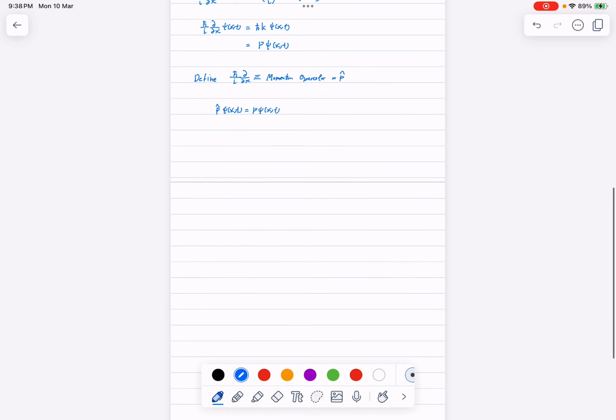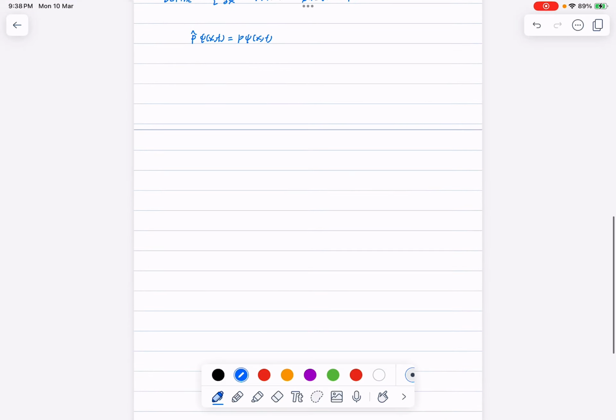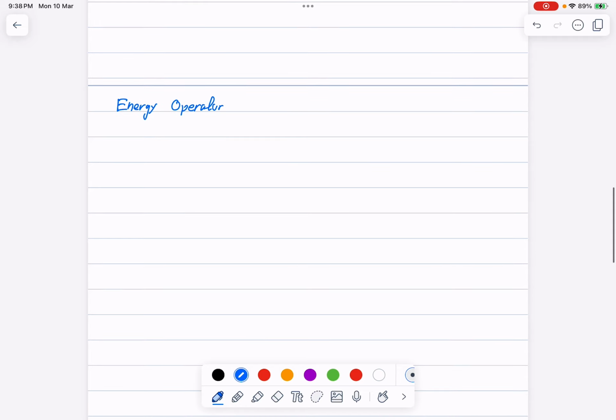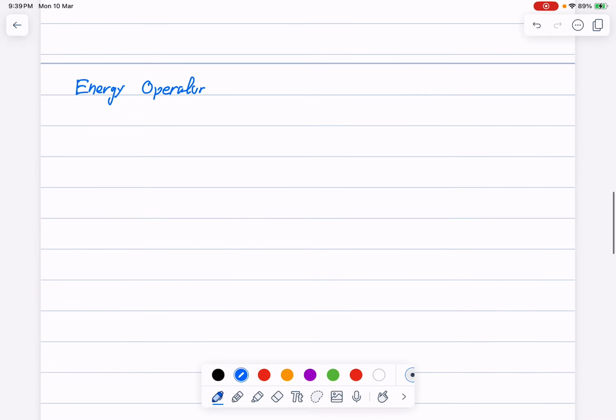Okay, let's turn to the energy operator. Still with psi of x and t equals e to the i(kx minus omega t). This time we need a different constant. This time we're taking the partial derivative with respect to t.